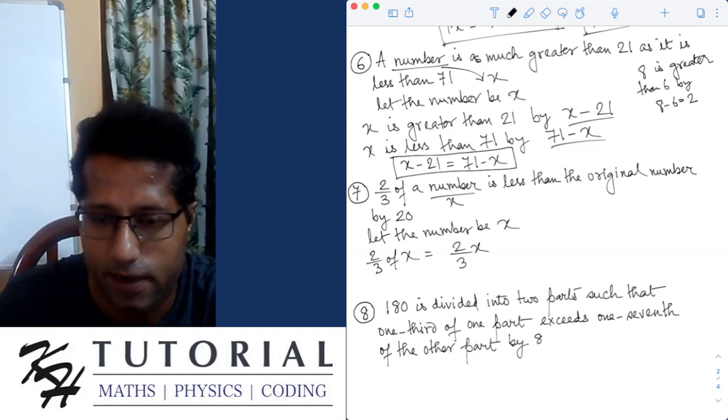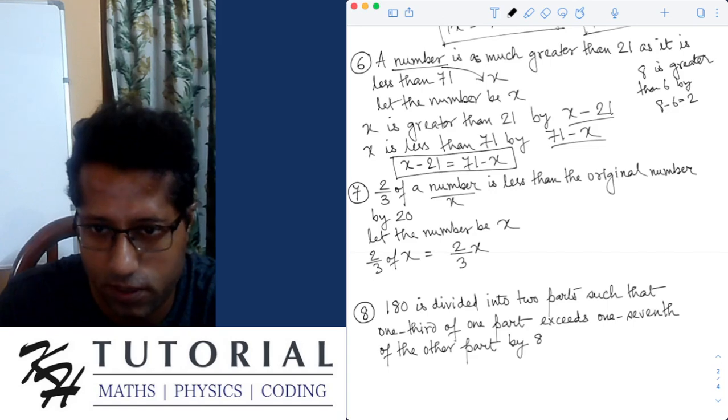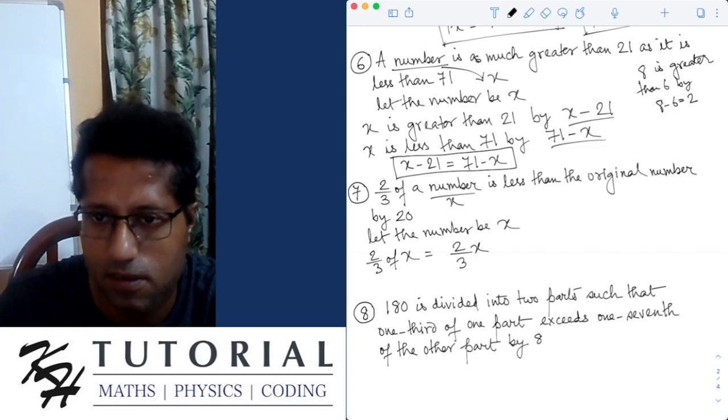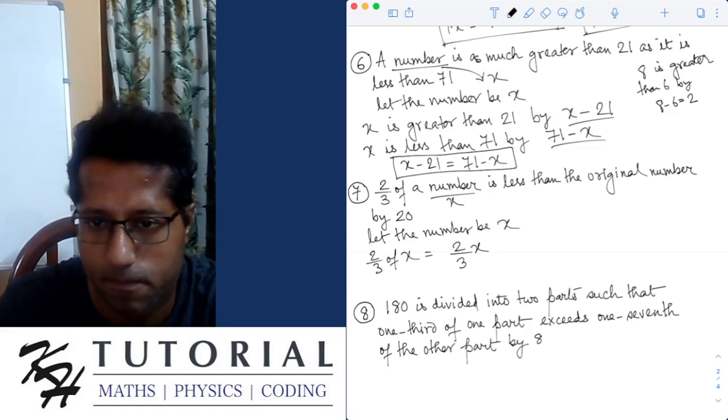Now it is saying that this number 2/3 x is less than the original number by 20. Now how much is 2/3 x less than the original number?